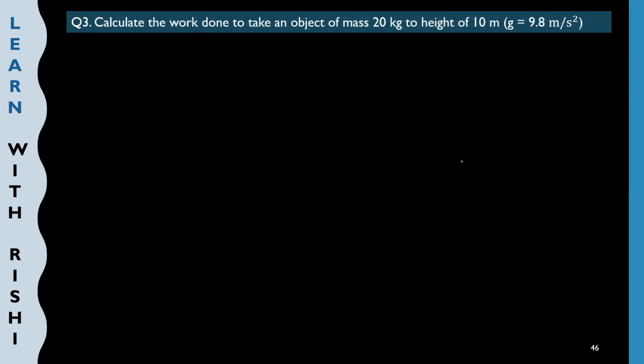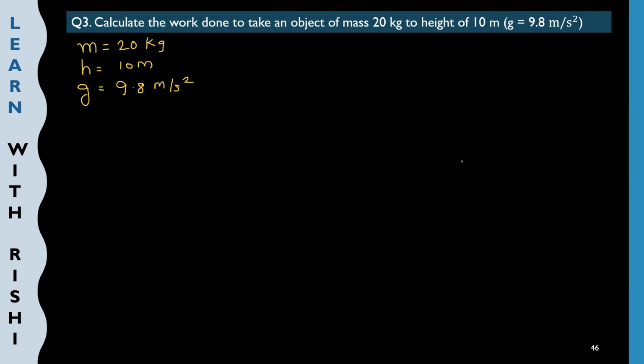Question number 3. Calculate a work done to take an object of mass 20 kg to height of 10 meter. g is equal to 9.8 meter per second square. Okay. Again, a similar type of question. So your mass is given as 20 kg, height is given 10 meter, and value of g is equal to 9.8 meter per second square.